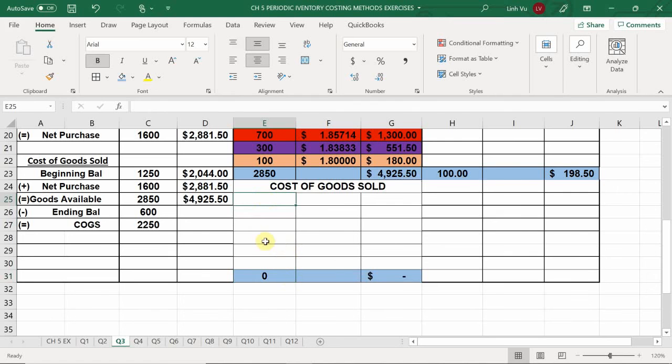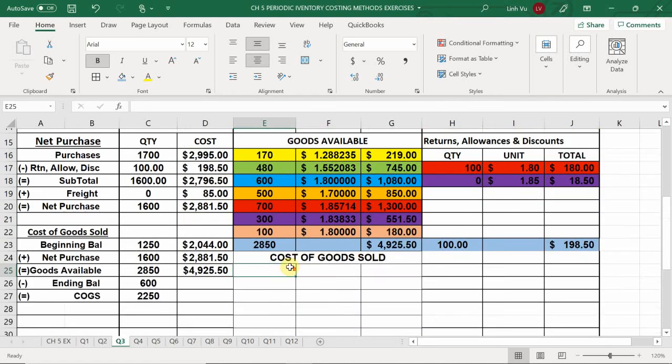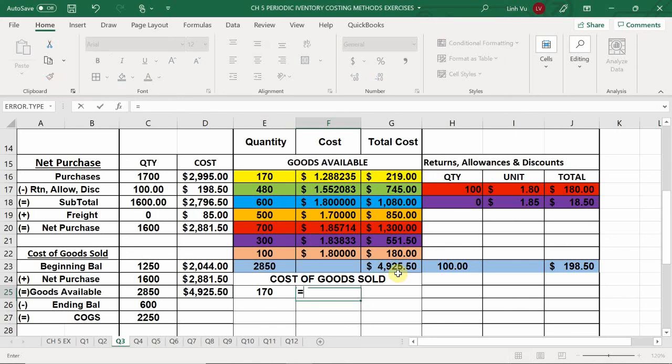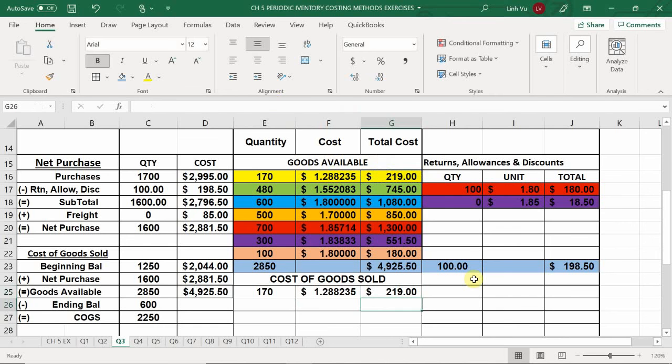So, starting with the rules of FIFO, which batch of inventory am I going to sell out first? Did you say yellow one first? Yeah, the first one that's on top. Good, right? So that's my first 170 items, which we know cost $219, right?